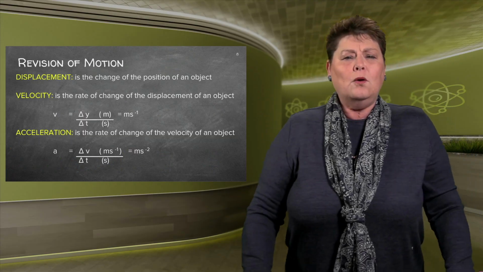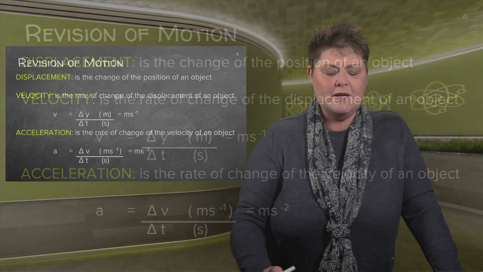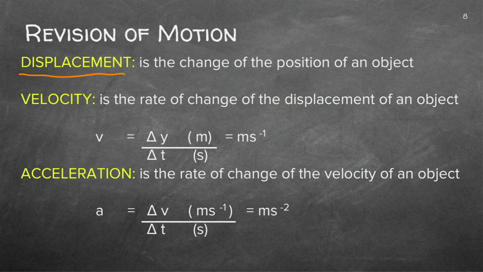Right, quick revision. Remember we said displacement is actually the position. So in this case, the position can be on the ground. It can be at the top of a building. It can be high in the air. It can be at the building's top again or at the bottom. Please make sure that you know exactly where this object is.